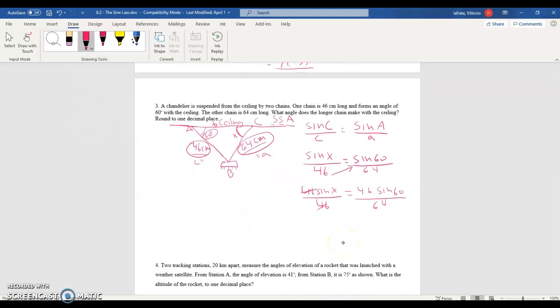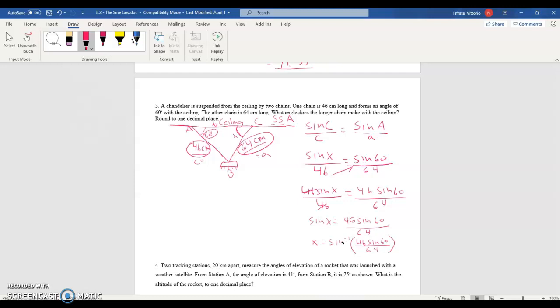And so my end result is sine x is equal to 46 sine 60 over 64. And if I want to find my x, my angle, I get inverse sine of that whole thing, of 46 sine 60 over 64.